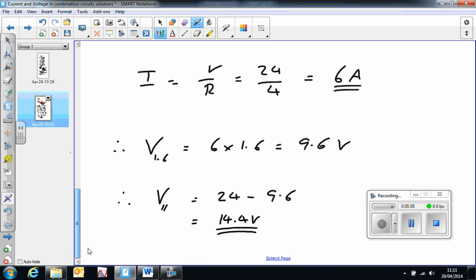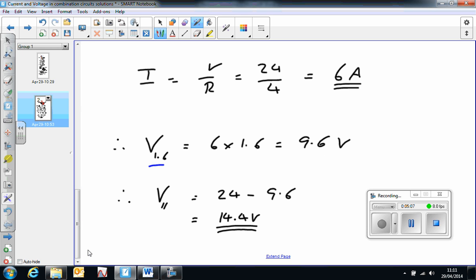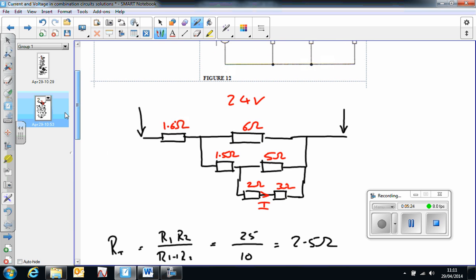What's the voltage across the 1.6 ohm resistor? It's 6 times 1.6, which is 9.6 volts. And what's the voltage across the parallel combination? It's 24 minus 9.6, which is 14.4 volts. So I now know that there's 14.4 volts across here.